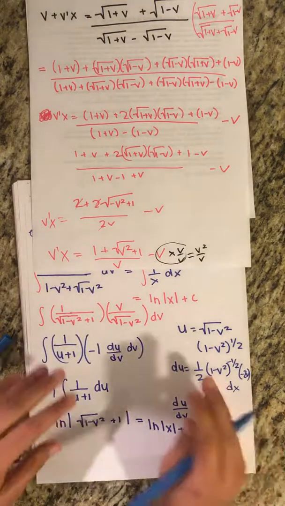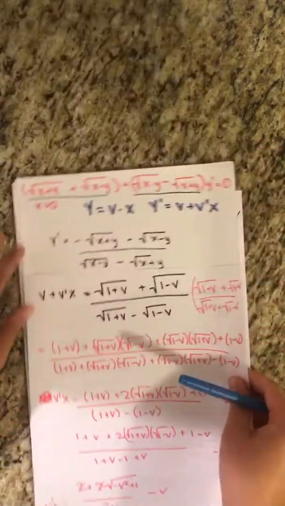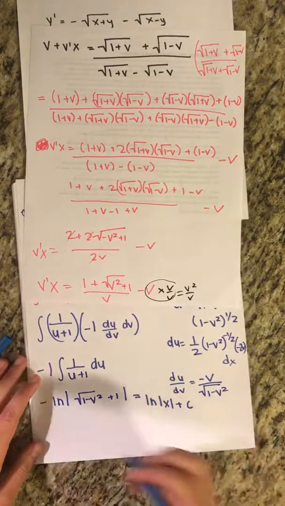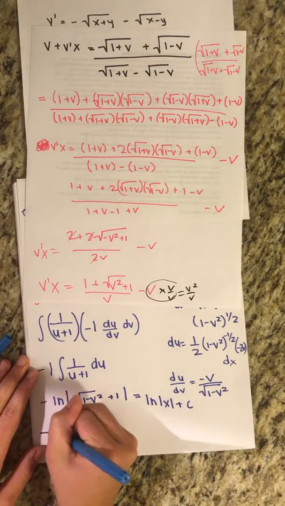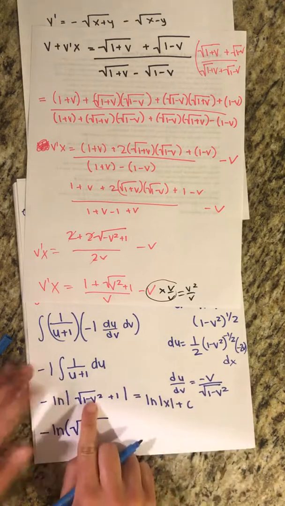And then you just want to remember that the original said that x is greater than 0, so we can neglect these absolute values.